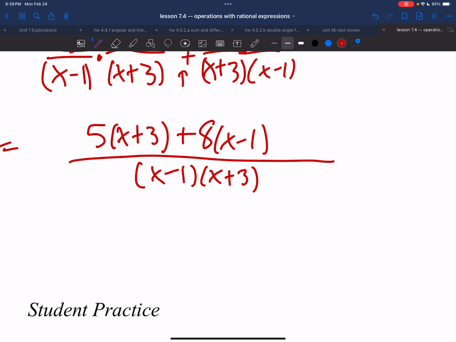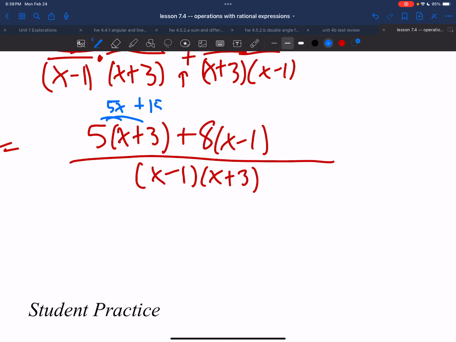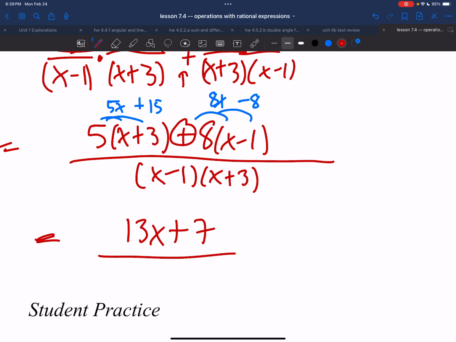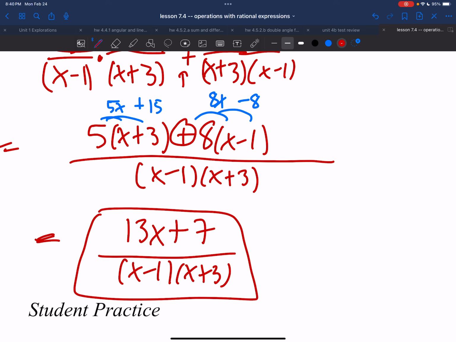Now, if you distribute this, that's 5x plus 15, 8x minus 8. So 5x plus 8x, because again, plus sign here, is 13x, and 15 minus 8 is 7. And this is over x minus 1, x plus 3. And done. That's how we add those two fractions.